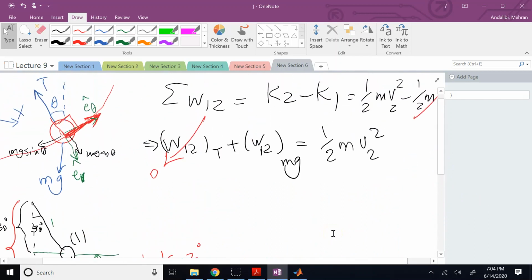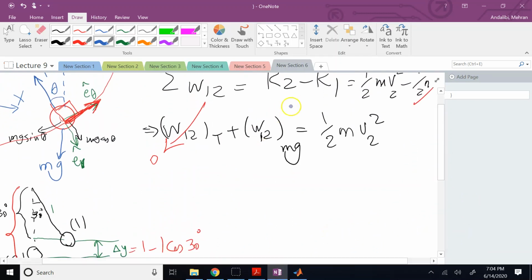So this is going to be negative mg times 1 minus cosine 30. And the m's would cancel. And remember, cosine 30 is square root 3 over 2.